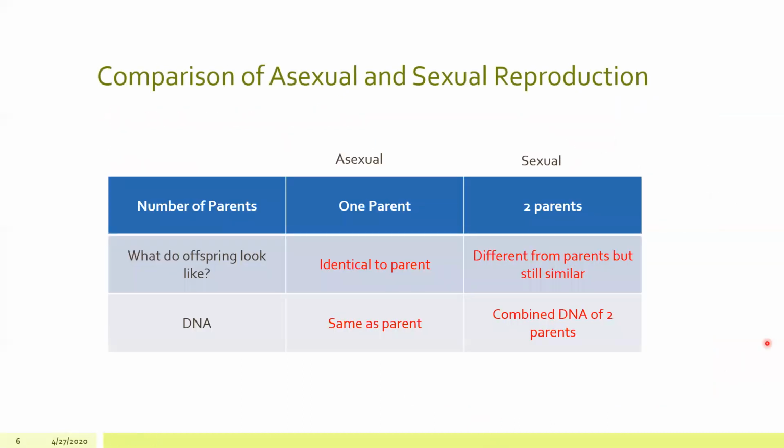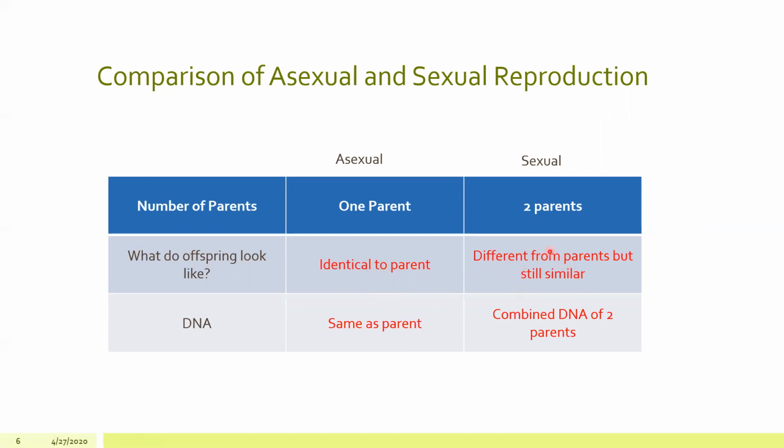Okay, so if we look at the difference between asexual and sexual reproduction. Number of parents: one parent for asexual, two parents for sexual reproduction. What do offspring look like? In asexual reproduction, it's exactly identical. There are no other variations of this. So if I am a corn plant and I self-reproduce, I can make new corn, but it will look exactly like me, because that's all of the material that's coming from me, right?